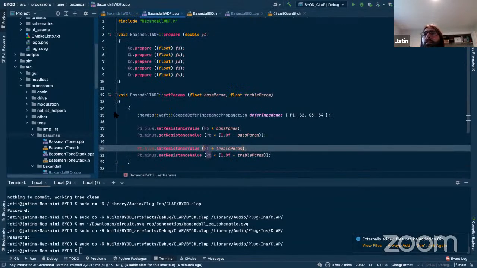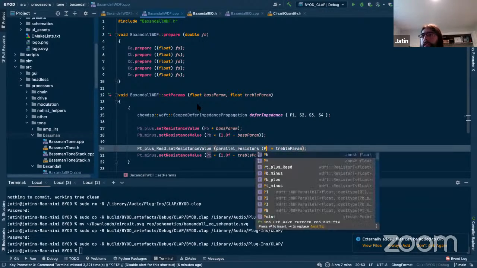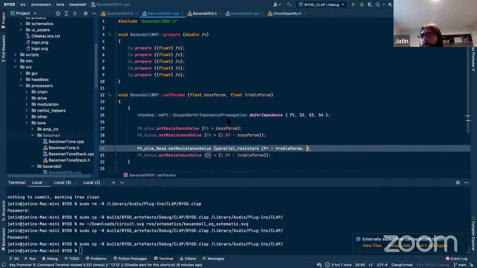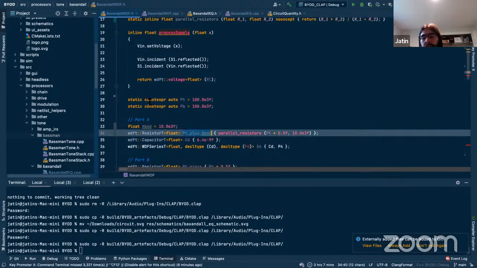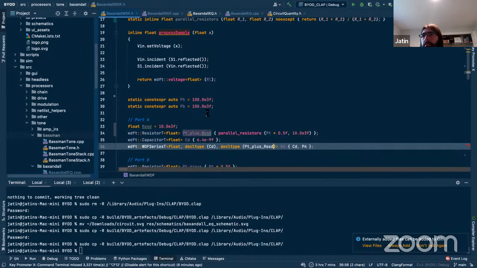And then here this is now equal to parallel resistors with that as one of the values and the other one being ResD. Cool, so we've just combined those two. And for now, let's just pop these both into the series adapter here and make sure that we didn't break anything.